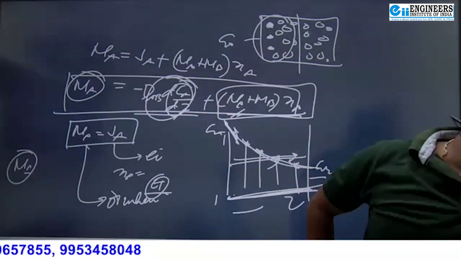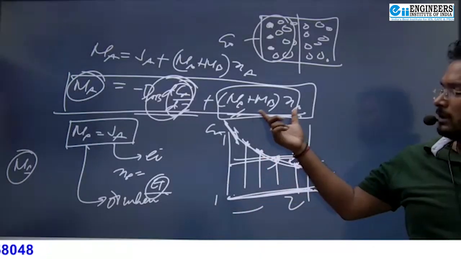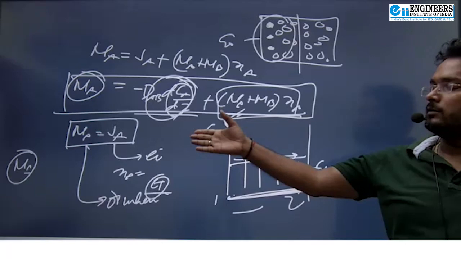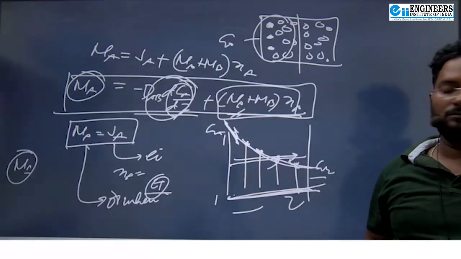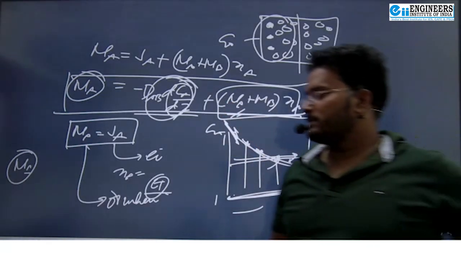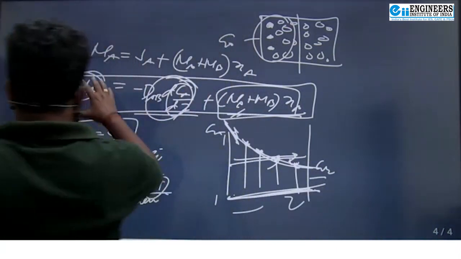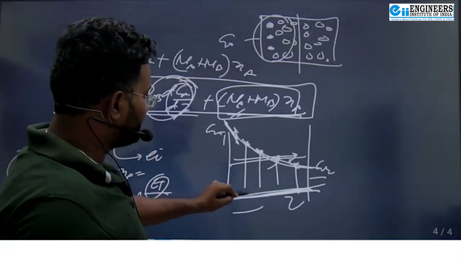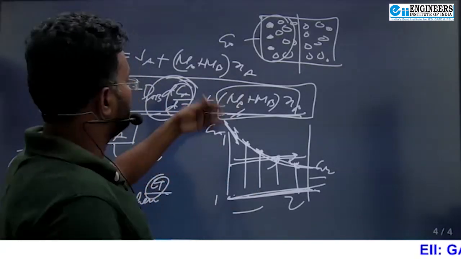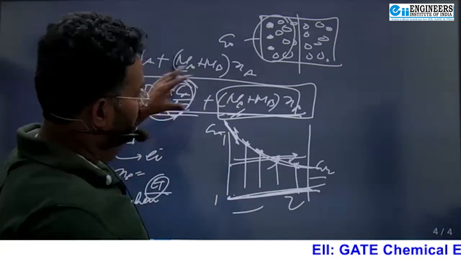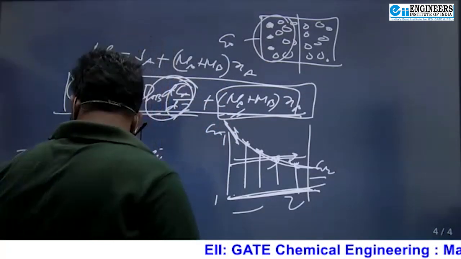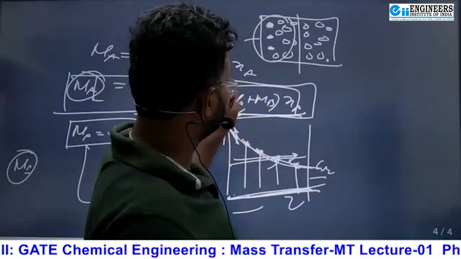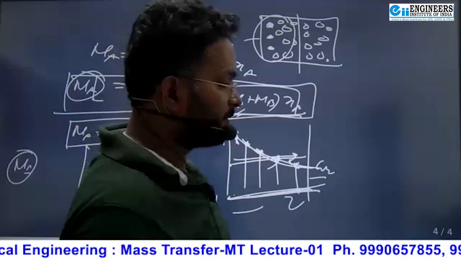So what I am saying is that the contribution of bulk flow and the contribution of diffusive flow are going to vary from point to point. Clear? That is what I want to discuss here. This is only at a particular position, a particular Z. As Z changes, the contribution of both terms has to change accordingly. As X_A changes, the contribution changes, and the other term also has to change to keep the flux constant.